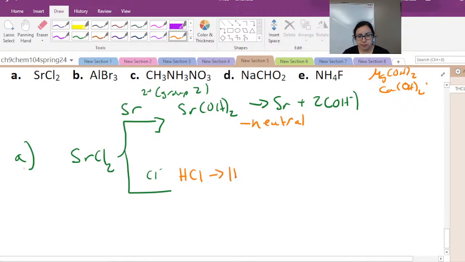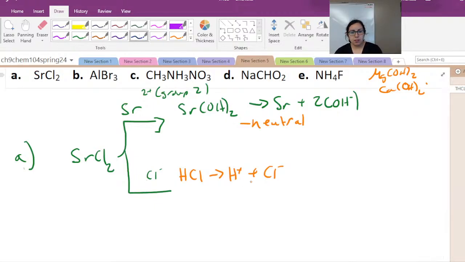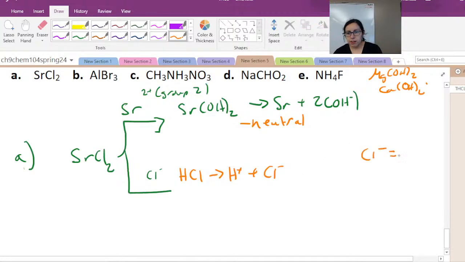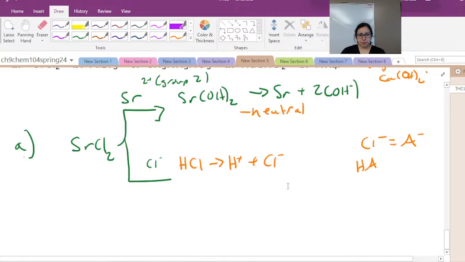Strong. How did you figure that out? You just go by the definition. The simplest one is adding a hydrogen to make it acidic. So treating chloride like A minus, we're trying to figure out what HA is, sticking just a proton to it. Good, everyone said it was strong.